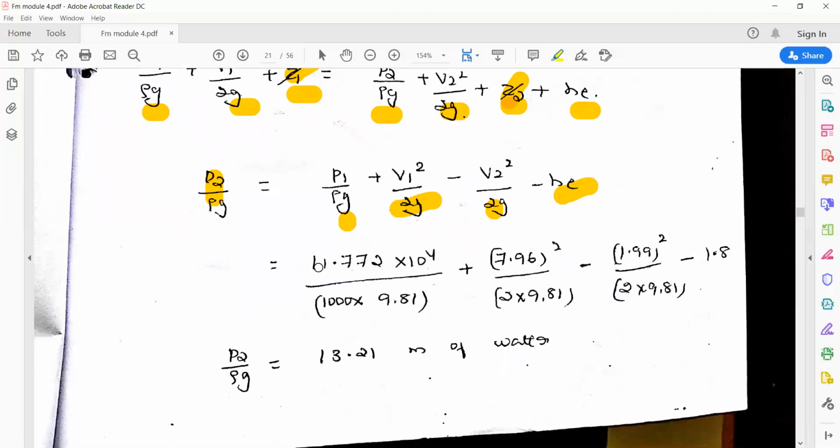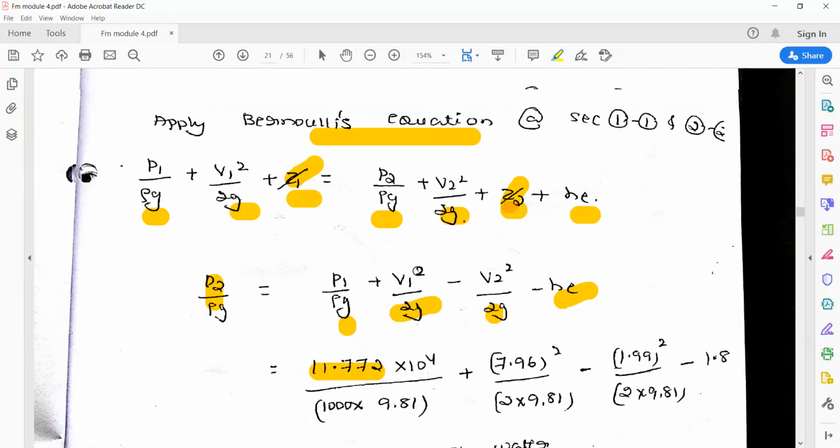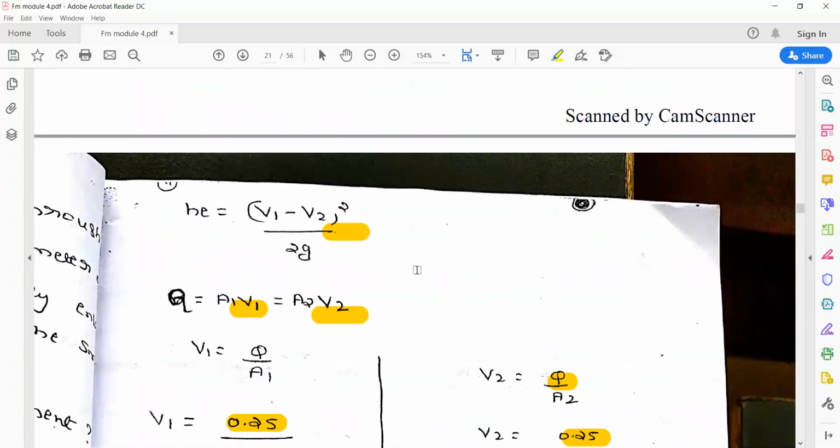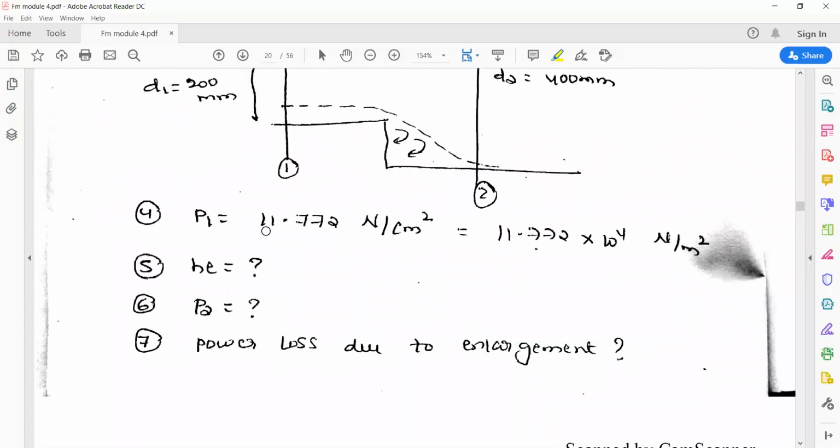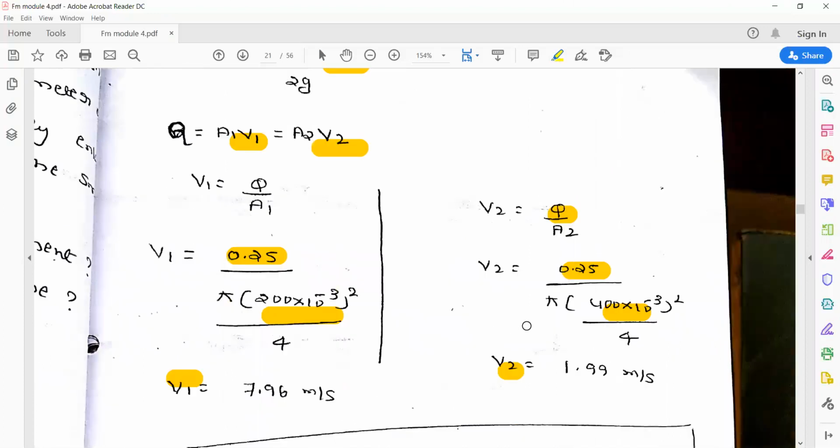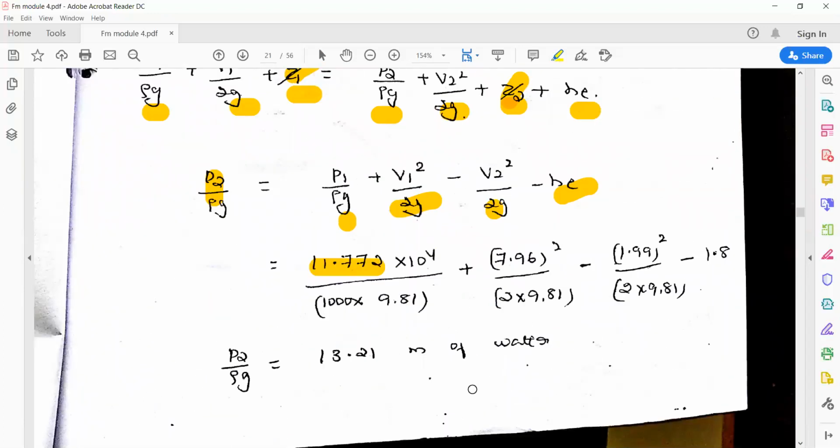So P1 value they have given as 11.772 Newton per centimeter square. So centimeter has to be converted to meter. So divided by 10 raised to minus 4, or if it goes upside, it becomes 10 raised to 4. That's why they have multiplied with 10 raised to 4 here.